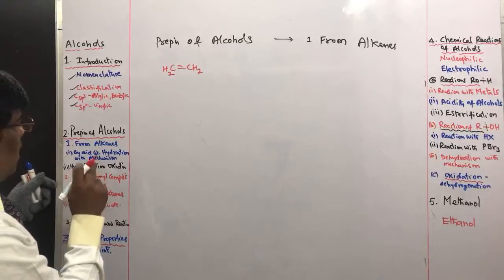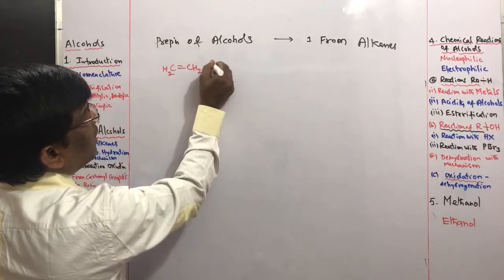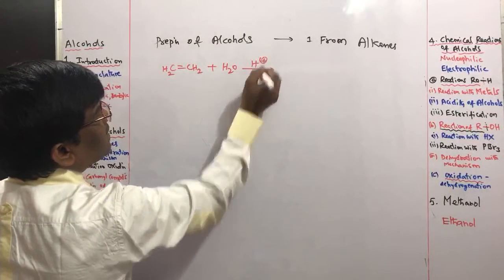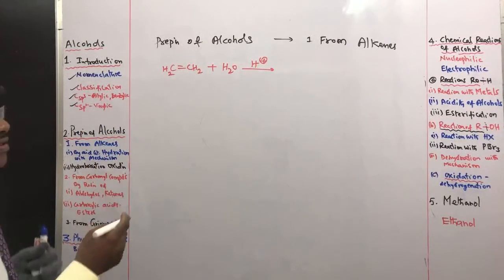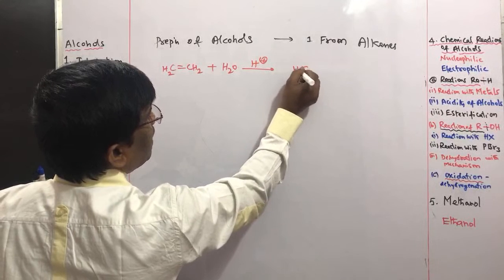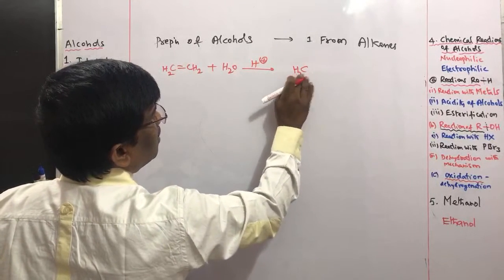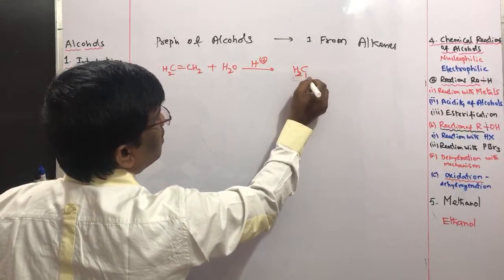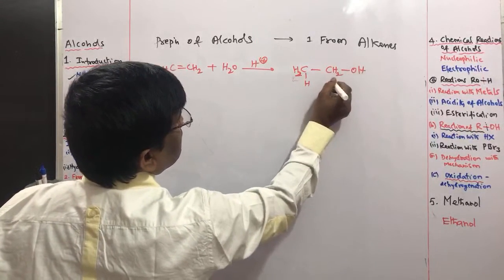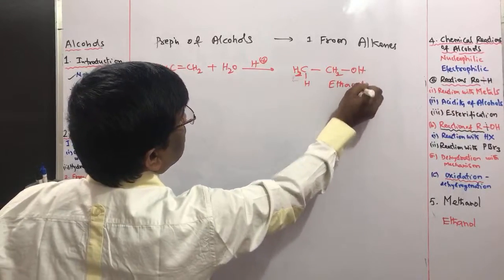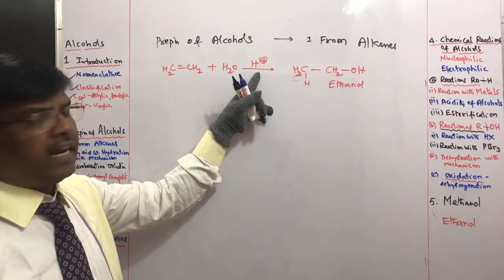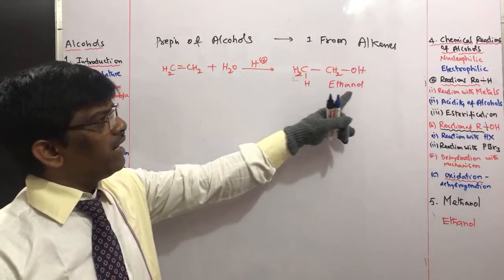Upon hydrolysis in presence of acid, let us take dilute sulfuric acid, it is going to give ethanol. So this is ethanol we are going to get. So hydration of alkenes in presence of catalytic acid, we are going to get alcohols.